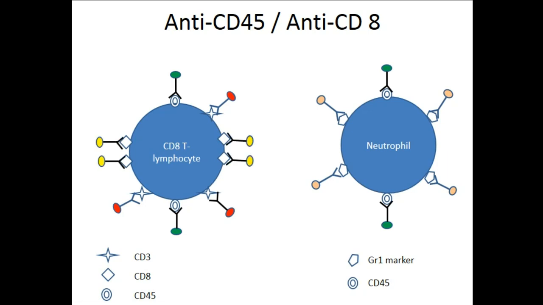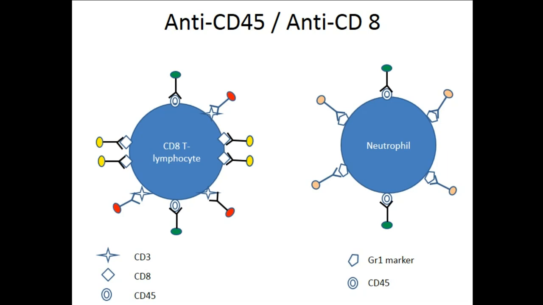So the next step is to add CD8 antibody. And at that point, we now have three colours. We have a green colour for CD45, we have a red colour for CD3, and we have a yellow colour for CD8. And that's the basic principle of flow cytometry.